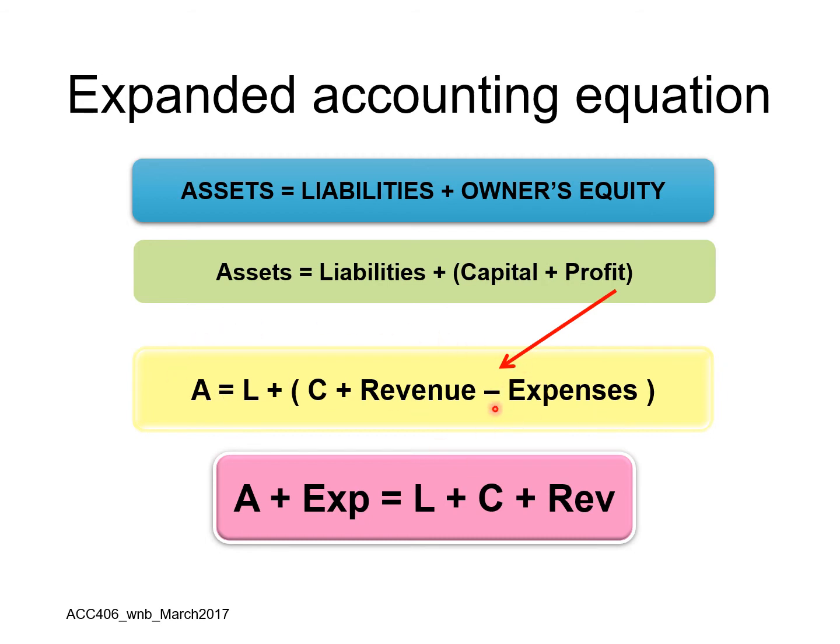Sebab dia negatif, right? So, kalau dia duduk sebelah asset, dia akan jadi positif lah. So, kita nak positifkan everything. What will happen is that asset tambah dengan expenses sama dengan liability tambah capital tambah revenue. So, this is the expanded accounting equation.